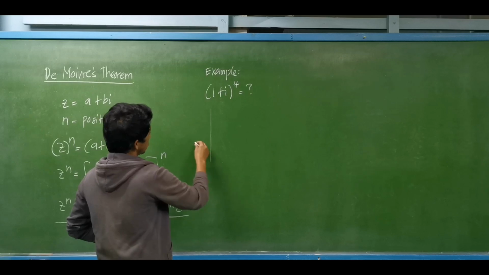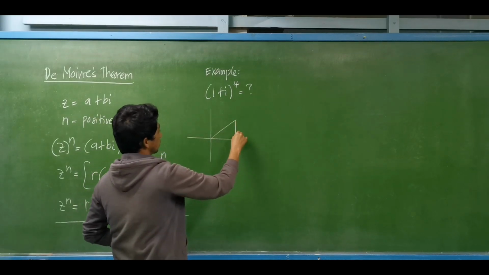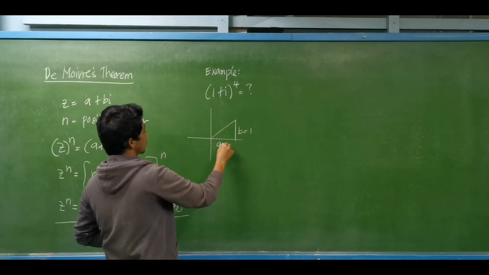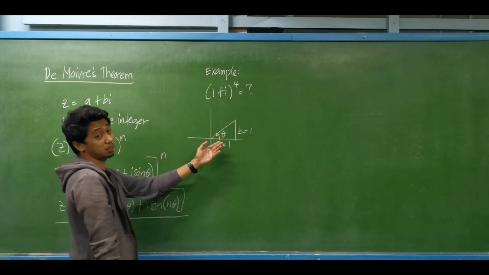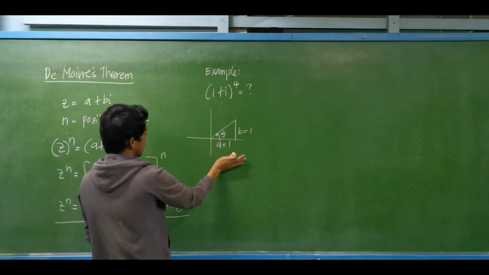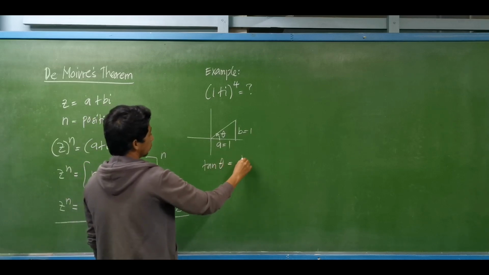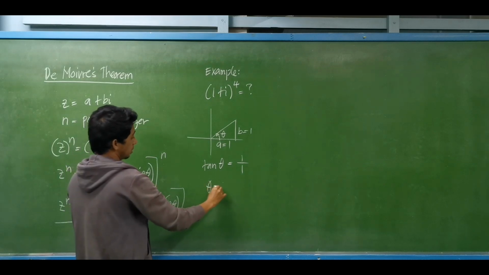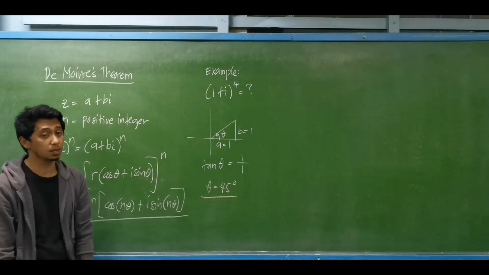This one lies on the first quadrant. The value of b is equal to 1 and the value of a is also equal to 1. We also need the argument. So the tangent of theta is equal to 1 over 1, and that angle is 45 degrees. That will be the argument.